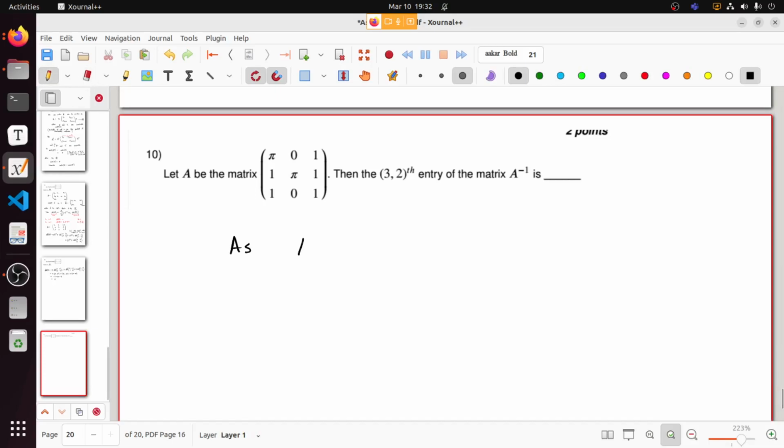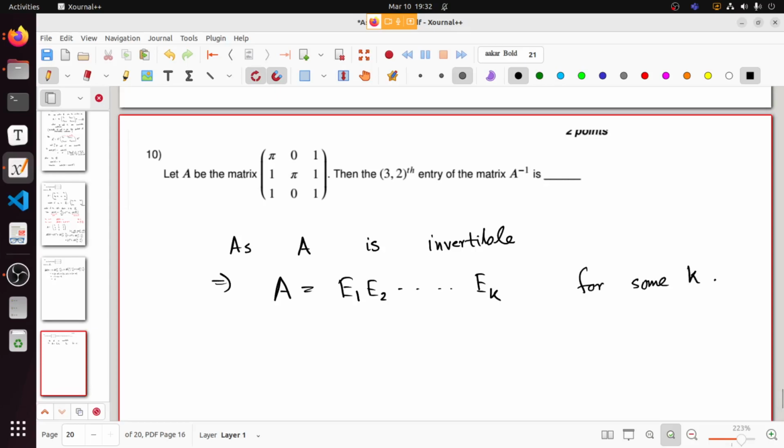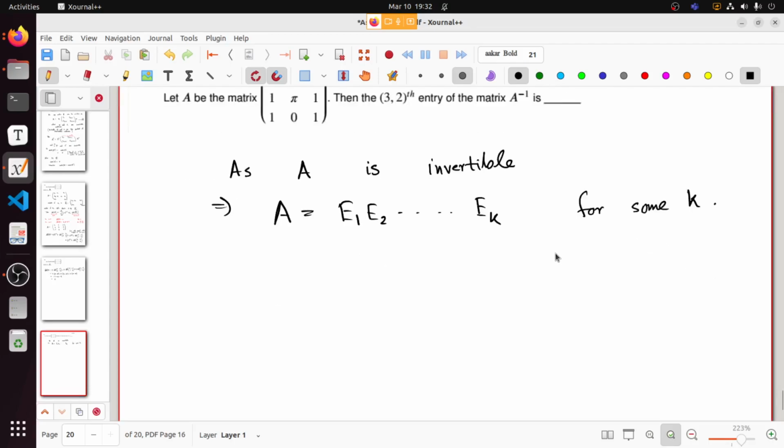So as A is invertible, which implies A can be written as a product of elementary matrices, E1, E2, dot dot dot Ek, for some k. This is the theorem that any invertible matrix can be written as a product of elementary matrices, where the Ei are elementary matrices.